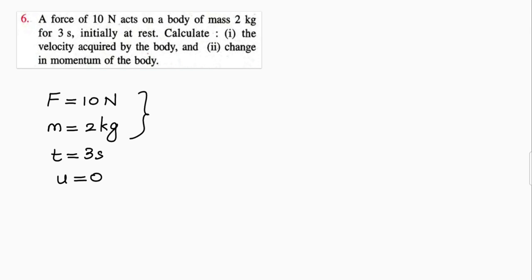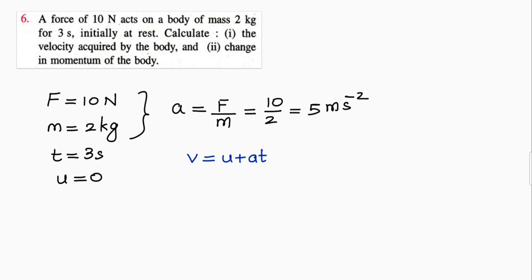Using this data, I can find acceleration, which is equal to 10 by 2, that is 5 meters per second square. Now using the first equation of motion, v is equal to u plus at, u is 0, acceleration is 5, time is 3 seconds, hence velocity is 15 meters per second.